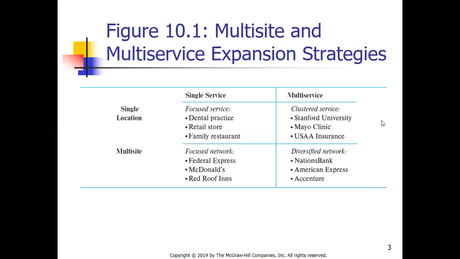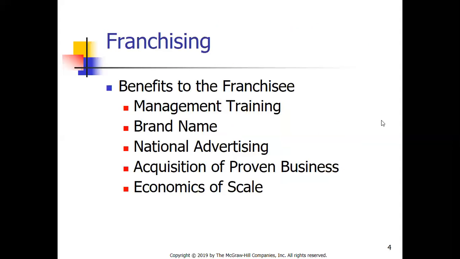So you can have multiple services, and it can also be done at various sites. So you can choose which one is suitable to your organization, and which strategy you want to adopt according to the population of your customers and the accessibility of your customers to your firm.